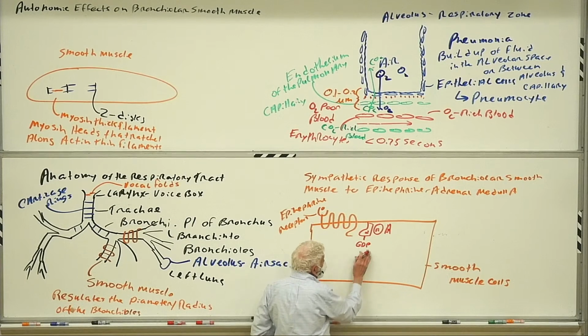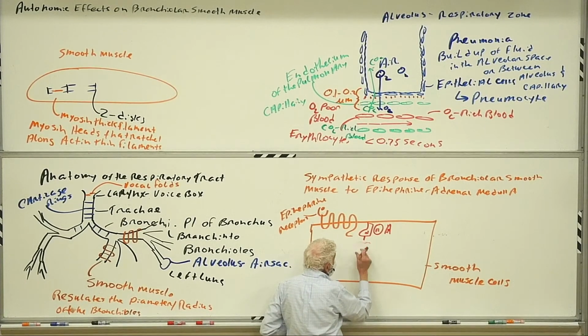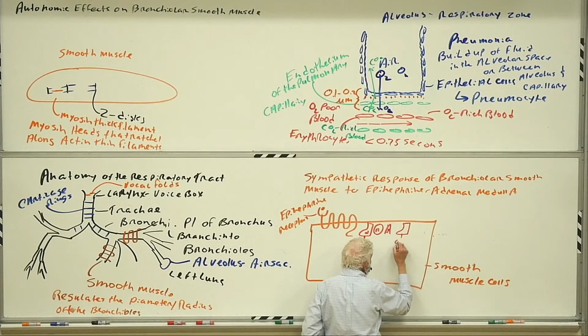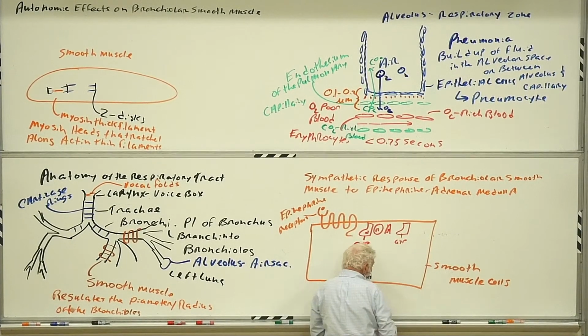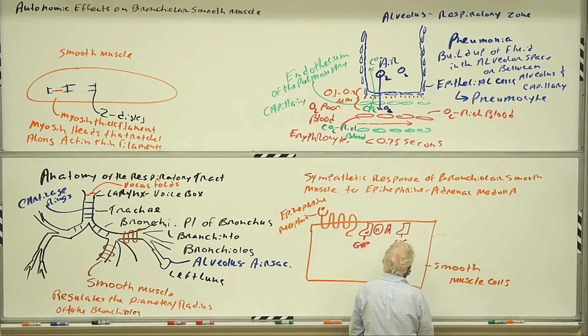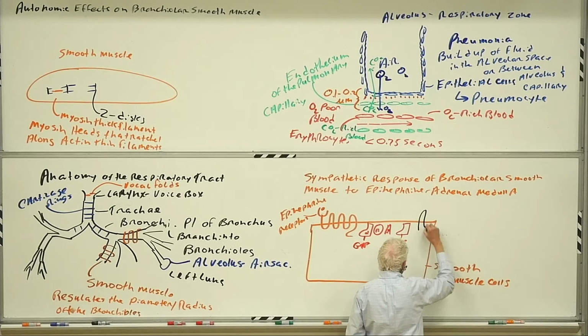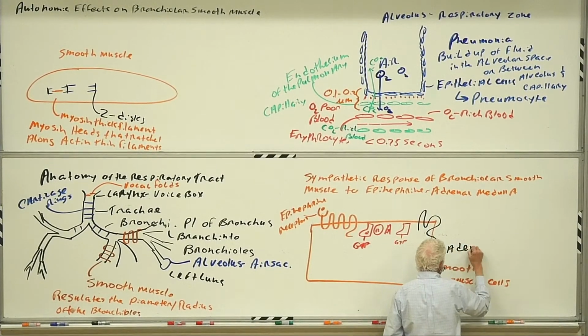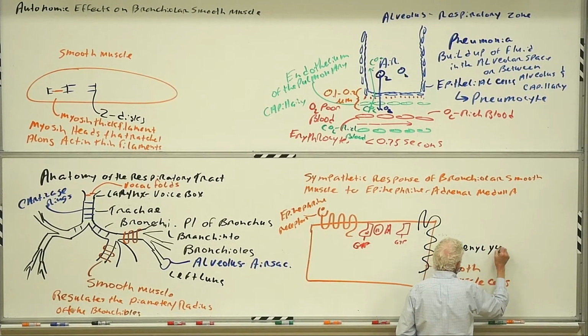That leads to the exchange of GDP for GTP. The alpha subunit comes loose from its mates, the betas and gammas. And it goes off and activates a transmembrane protein here called adenylyl cyclase.